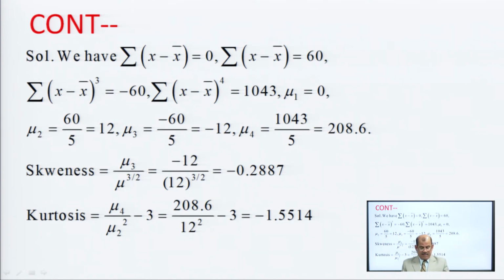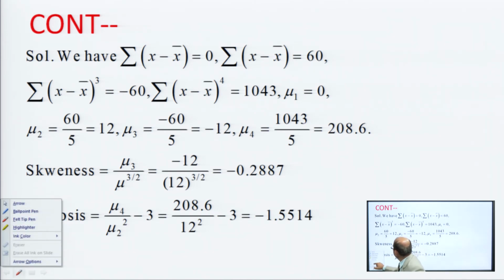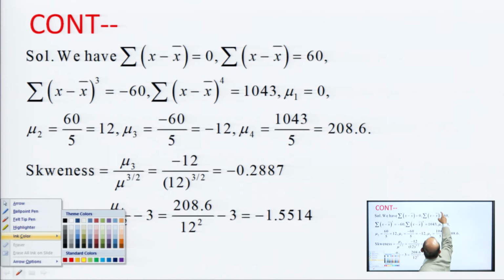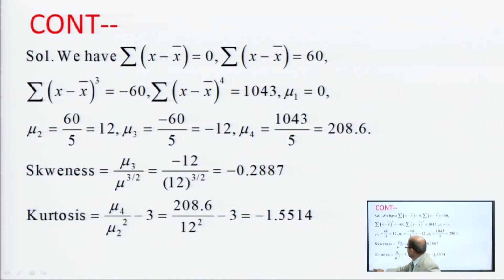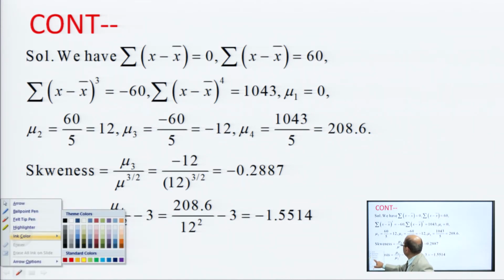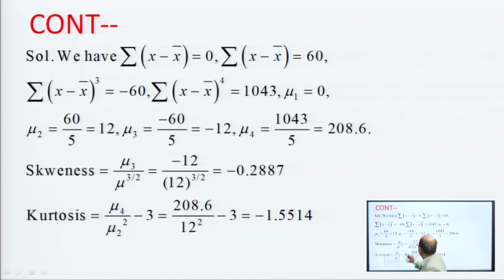Second central moment, mu 2, is 60 divided by 5, which is equal to 12.